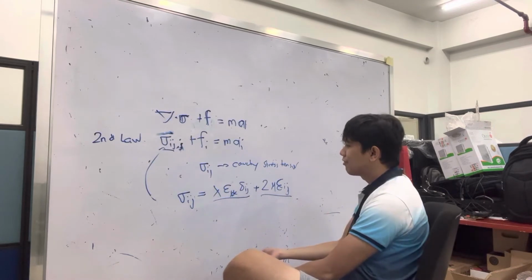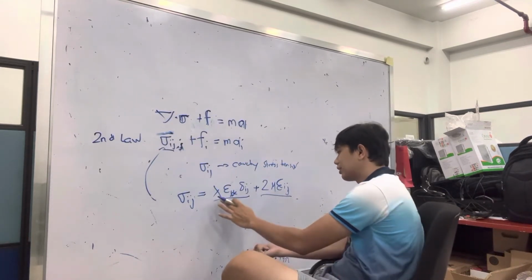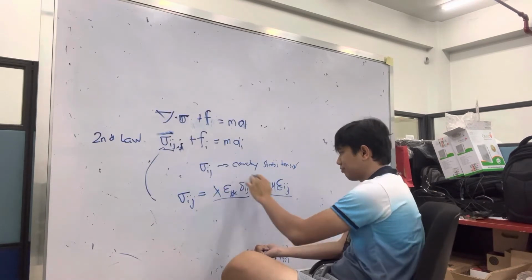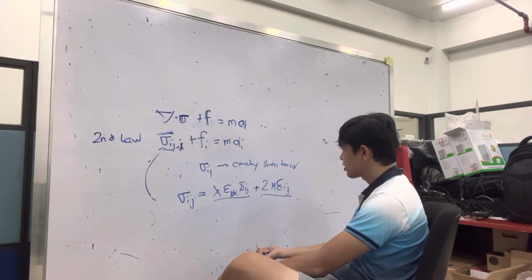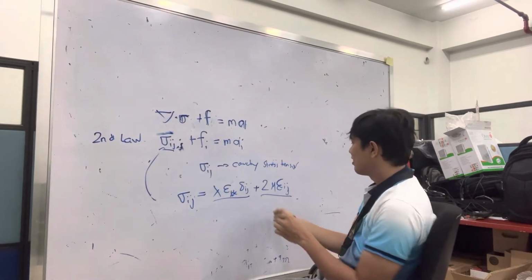So, puro deviatoric lang, or rather this one here, kung nag-manifest siya, would be haba nito.